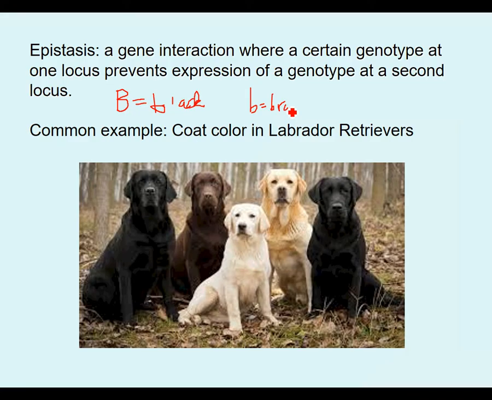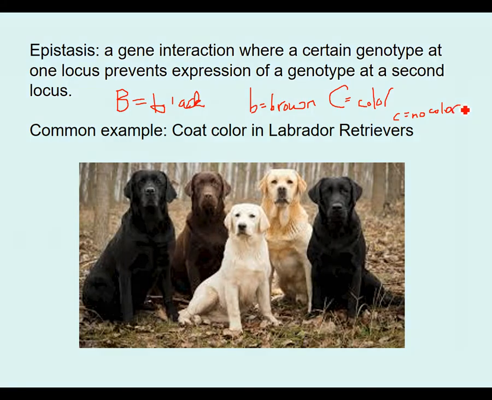But then you have a whole other gene where big C means there will be a lot of color, and little c means not much, if any, color. Little c, no color, or not very much. I'm just going to put no color.